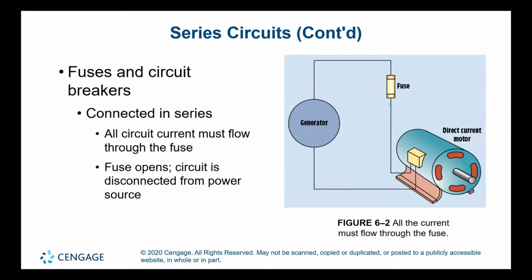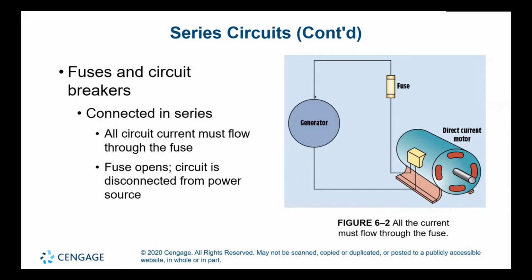Okay, so this is what I was telling you just now. In this instance, we have a DC motor. And of course, we are going to have a fuse. And it doesn't really matter if it's a time delay fuse, okay, or if that is a breaker, it doesn't matter what it is. The overcurrent device is always connected in series with the load.